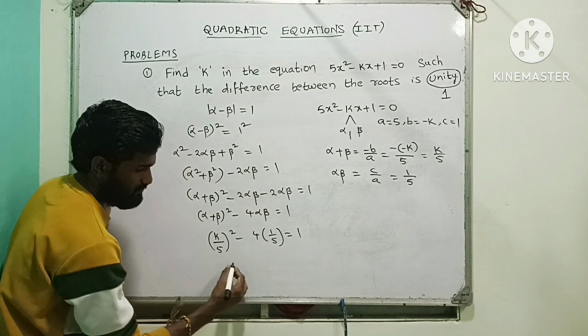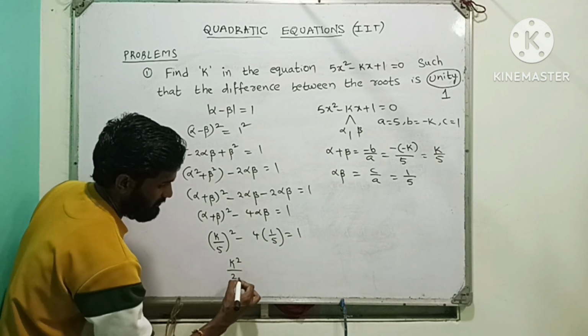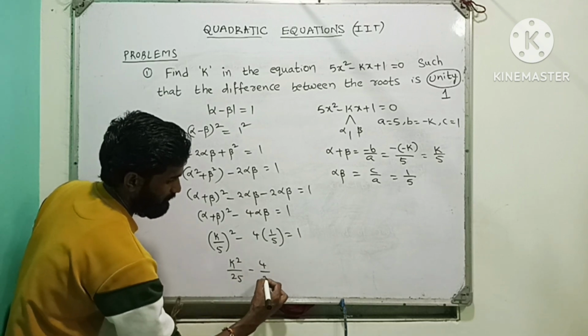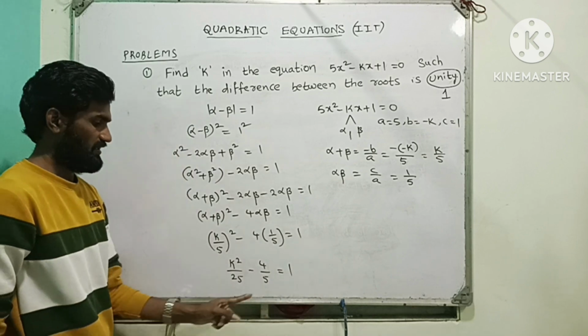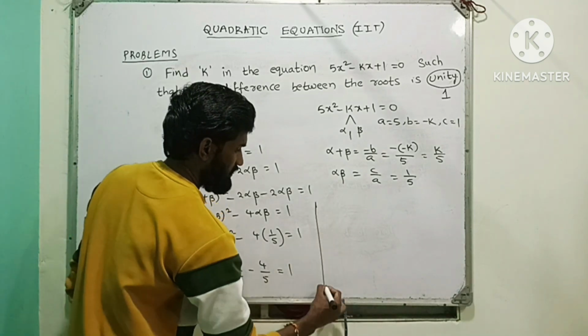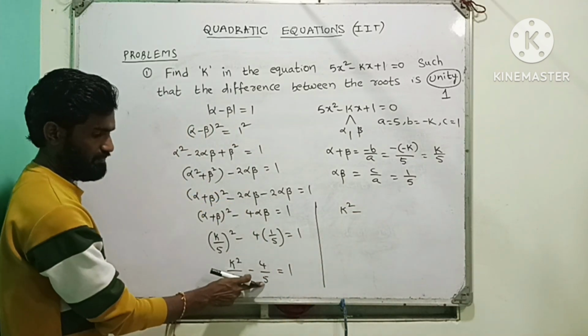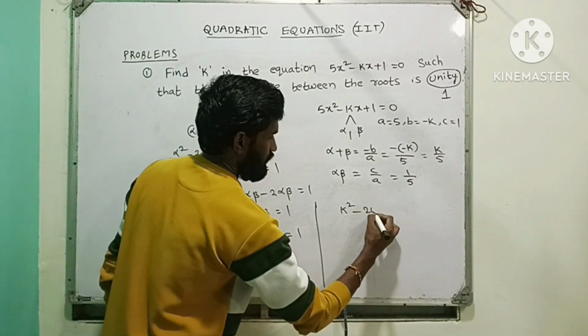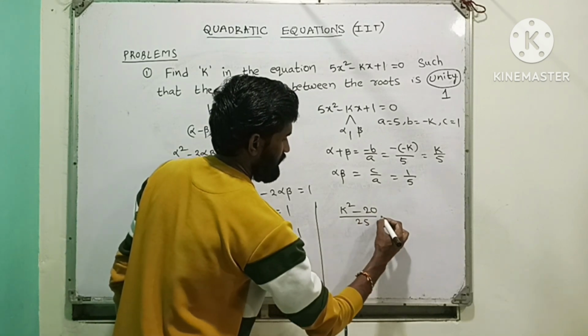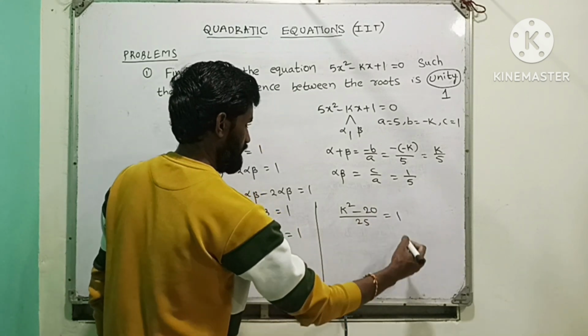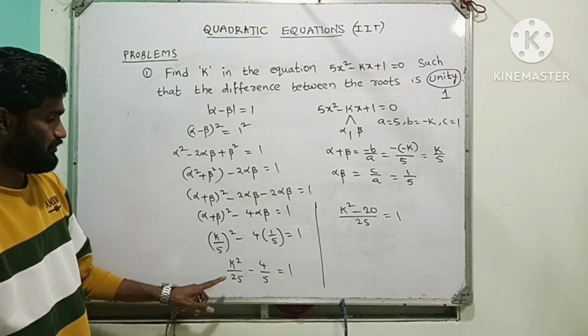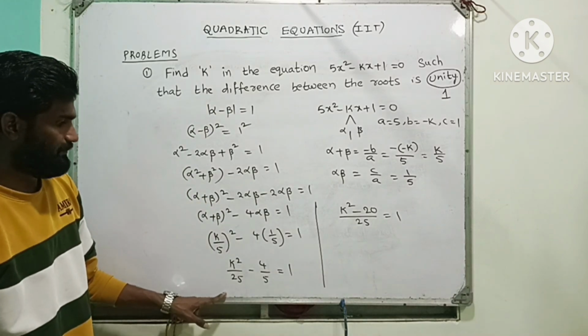It is k square by 25 minus 4 by 5, equal to 1. The LCM is 25, so k square minus 5 times 4, which is 20, by 25, equal to 1.